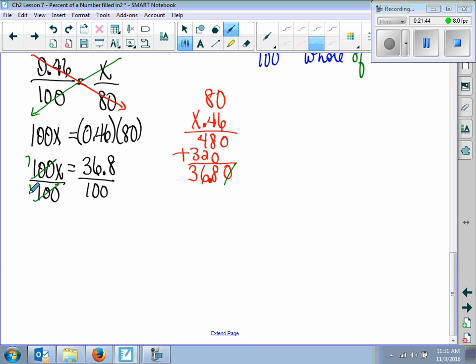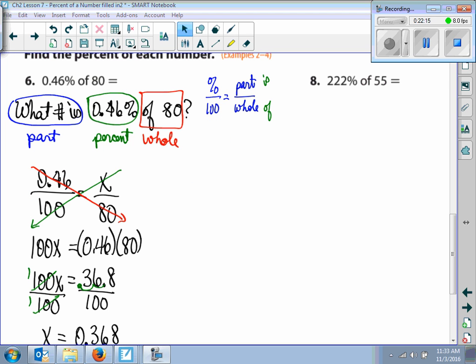And now I can move this decimal 2 places to the left. So 2 places to the left, that tells me that x is equal to what? The decimal is now over here. 368 thousandths. Very good. So it's 0.368.